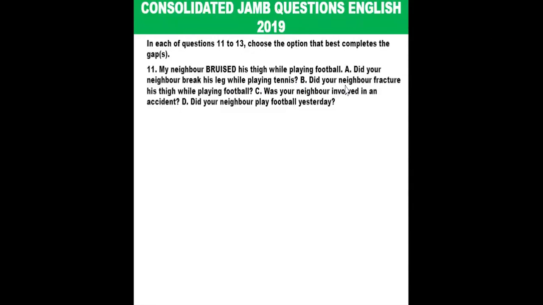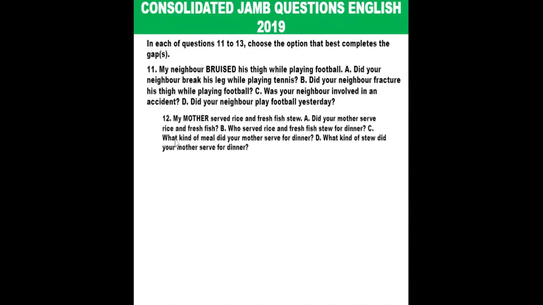B. Did your neighbor fracture his thigh while playing football? C. Was your neighbor involved in an accident? D. Did your neighbor play football yesterday? So this is about contrastive or emphatic stress. So I'm going to show you how to answer these questions.